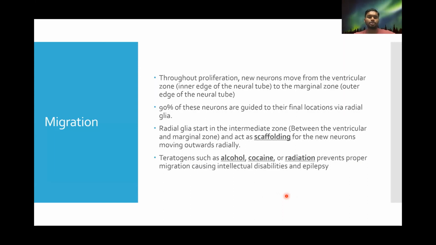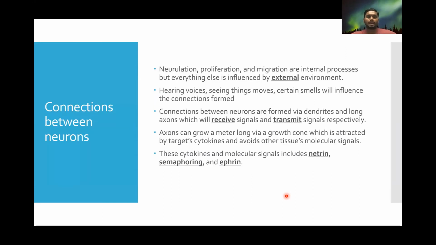Now, it just really goes to show that if these neurons don't go to the correct location, the brain can't function properly and can even dysfunction, which is why intellectual disabilities or epilepsy can form as a result of altered or messed up migration of these cells. So what we talked about throughout this video is neurulation, proliferation, and migration, right?